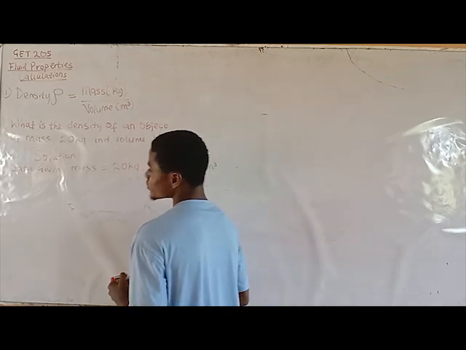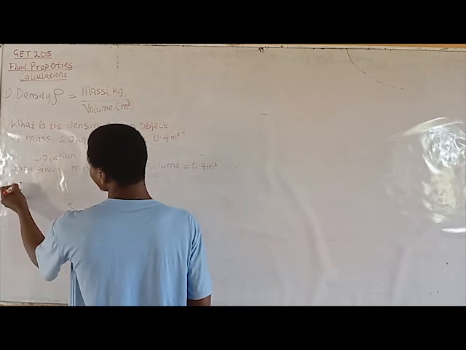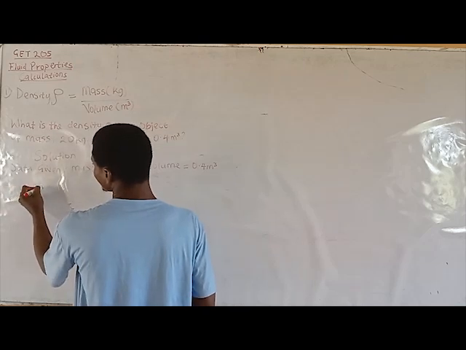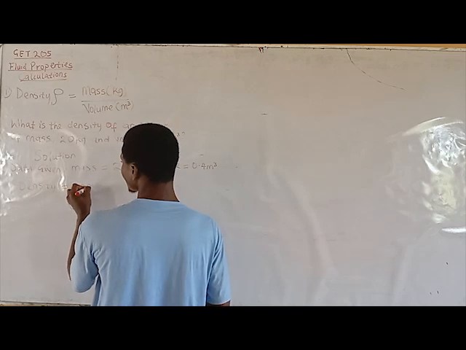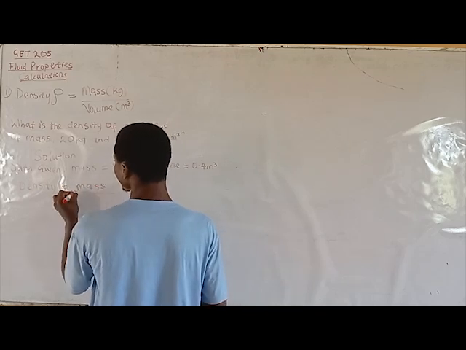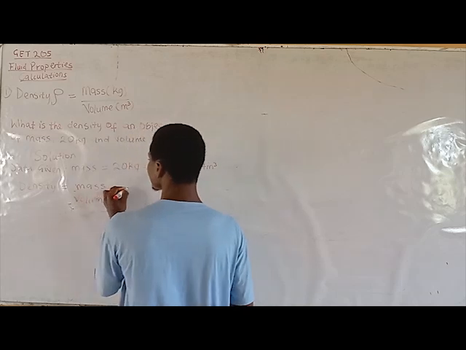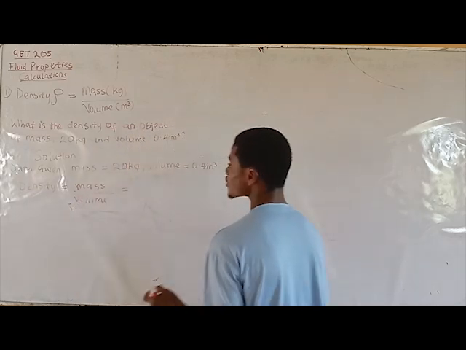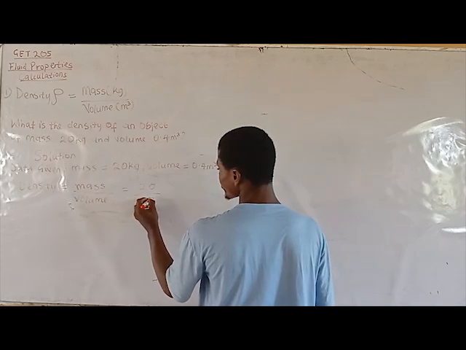So we can say that density equals to mass divided by what? Volume. So the density of this object now becomes 20 divided by 0.4.